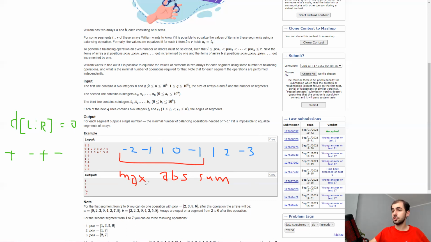Then you just have to understand how to come up with a segment tree that answers this kind of query: what is the maximum absolute subarray sum in some subarray? For example, let's say, to make things legal, that here we have -2, but here we have something like 4.